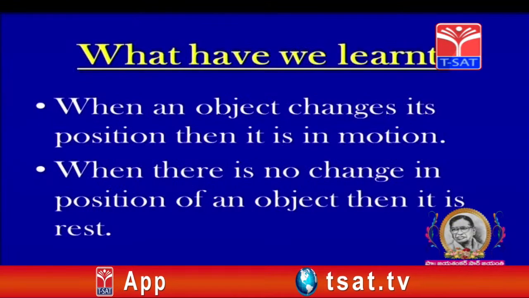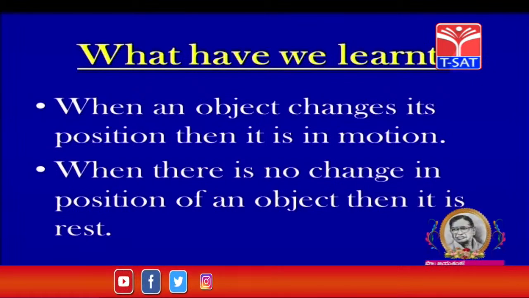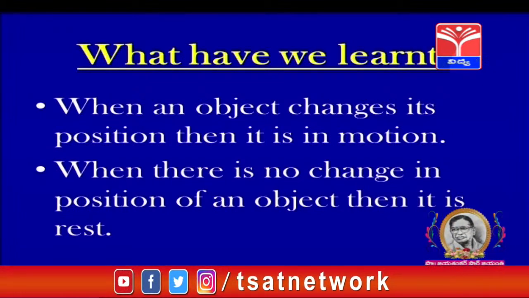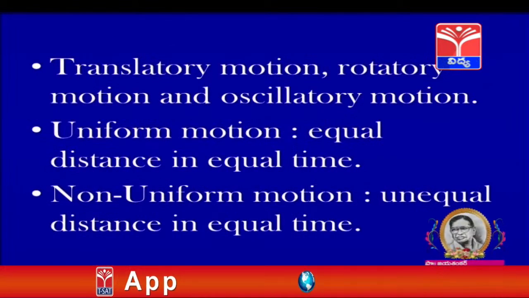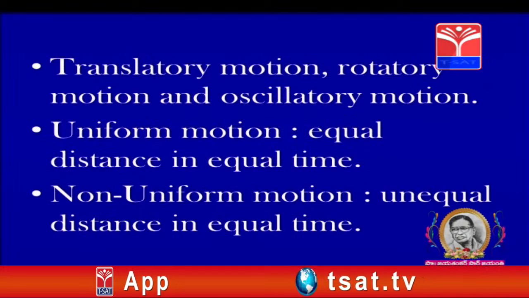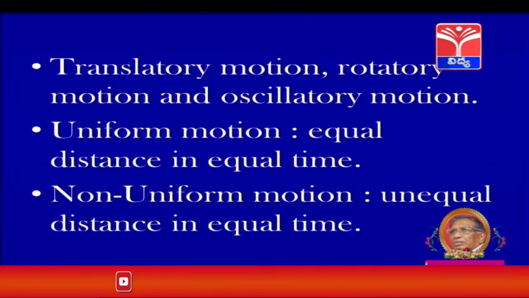I hope, children, I am clear with the motion and rest. So, shall we recall what have we learned once? When an object changes its position, then it is in motion. When there is no change in position of an object, then it is in rest. Next, we also studied translatory motion, rotatory motion and oscillatory motion.